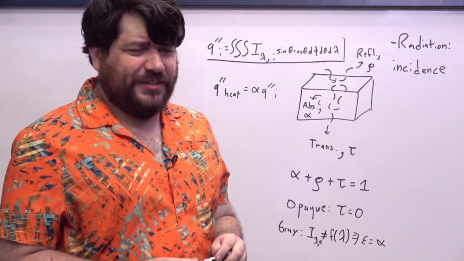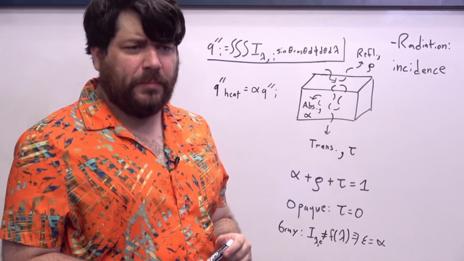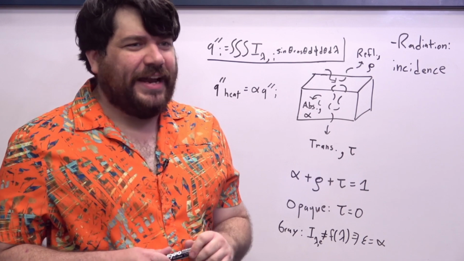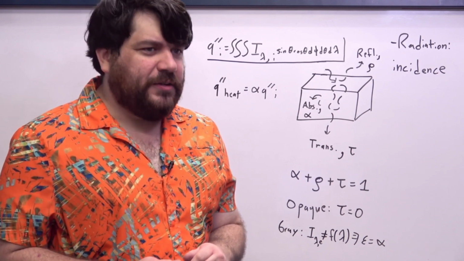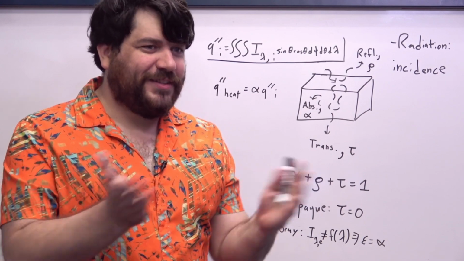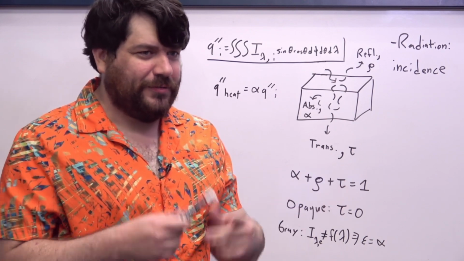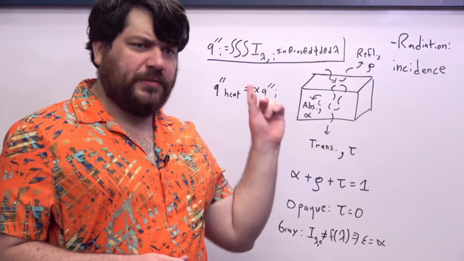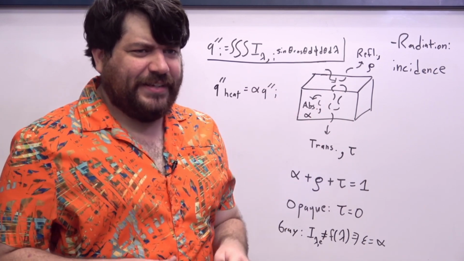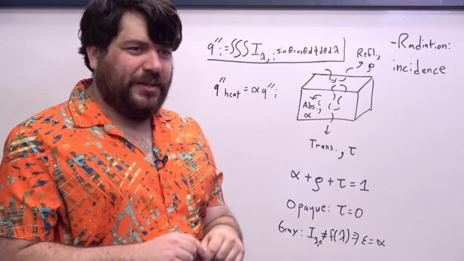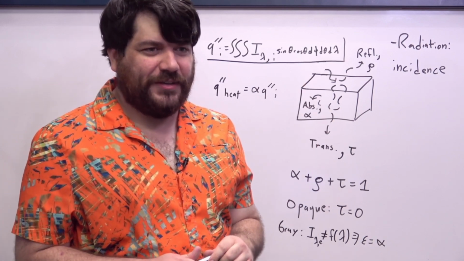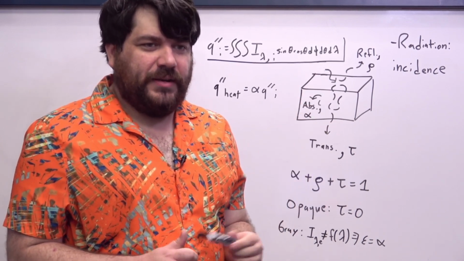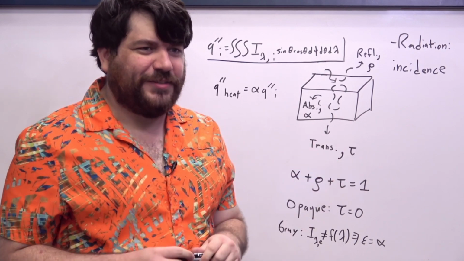And when we integrate this incident spectral intensity over all possible directions and all possible wavelengths, we find that net electromagnetic energy flux, Q double prime I. In the same way that when we integrated the emitted spectral intensity over all directions and wavelengths, we found the emitted energy flux. It's the exact same integral, the exact same concept, except that now, rather than thinking about that beam leaving a point on the surface of an object, we're thinking about that beam entering the surface. All right? So what does it do once it actually hits the surface?